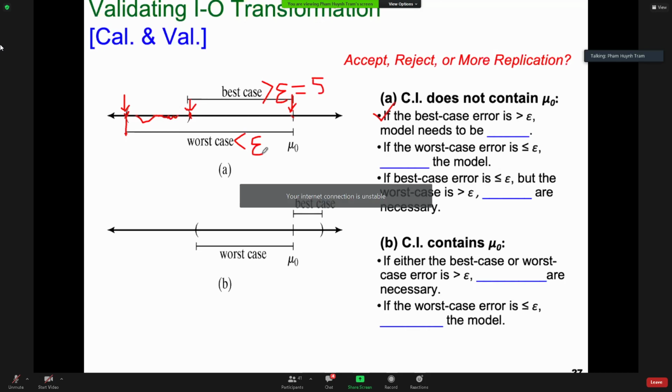Think carefully. When the worst case error, the largest possible difference, is smaller than epsilon, what should we conclude about our model? Is it valid or invalid?